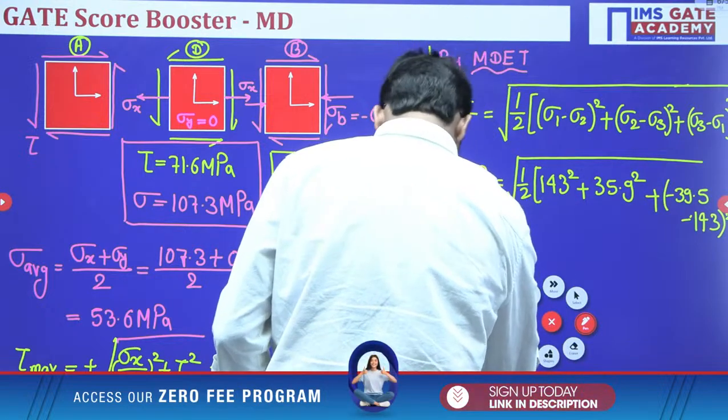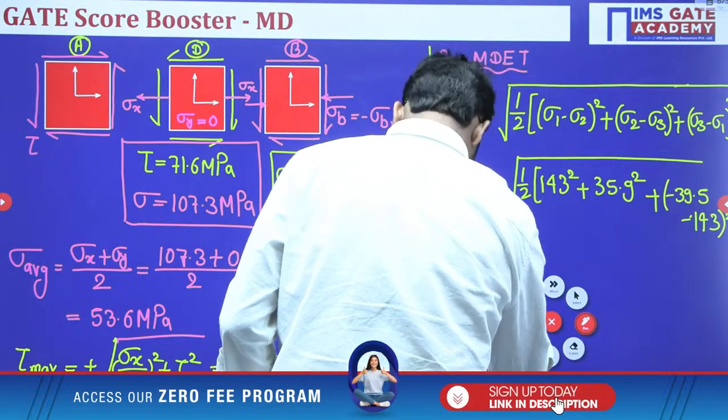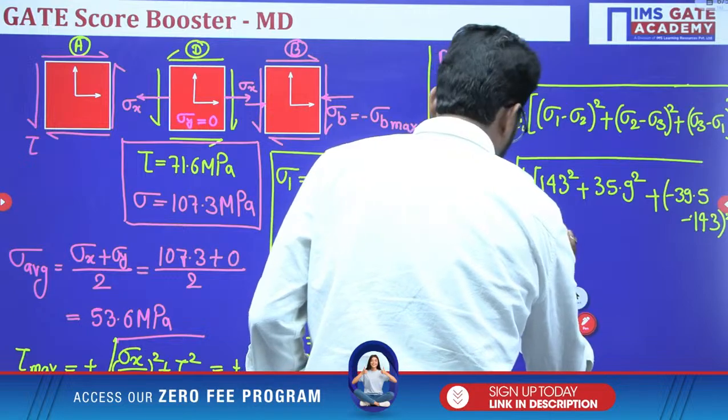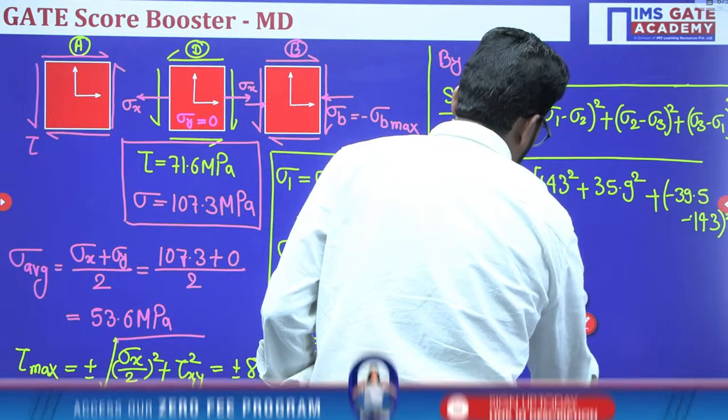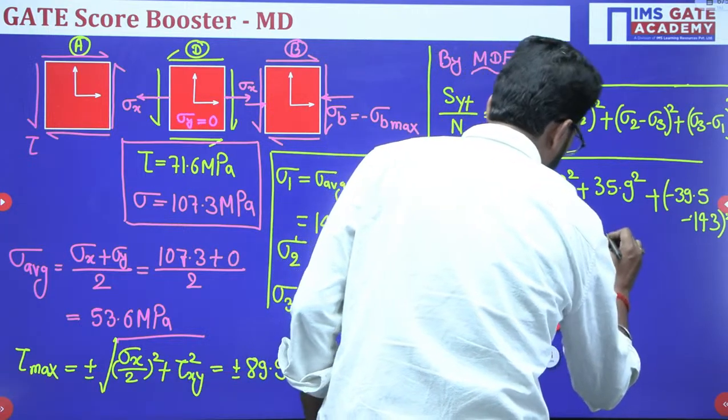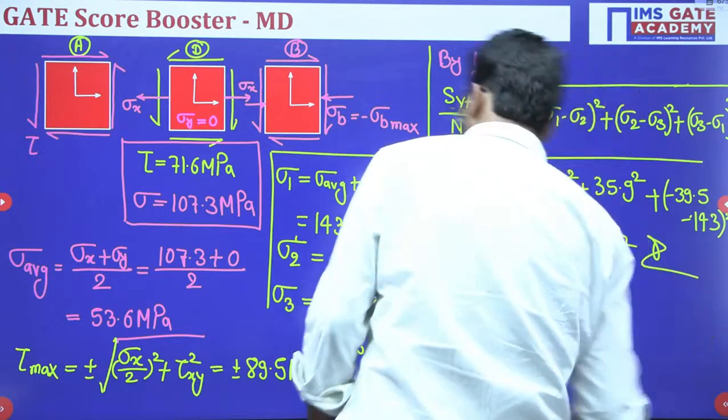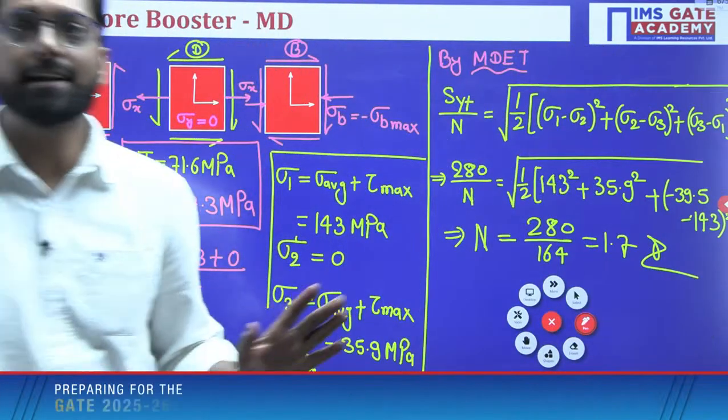If we rearrange this, N is equal to 280 by 164, and that is 1.7. This is your factor of safety, 1.7. That's it.